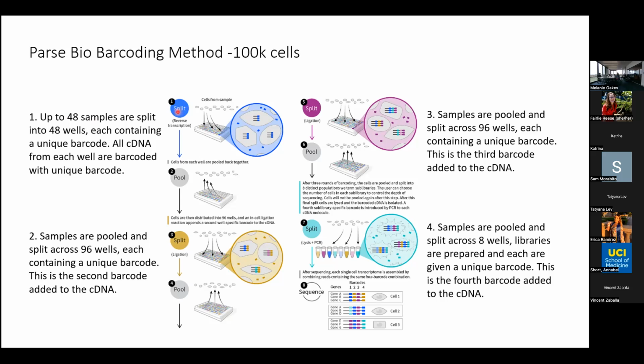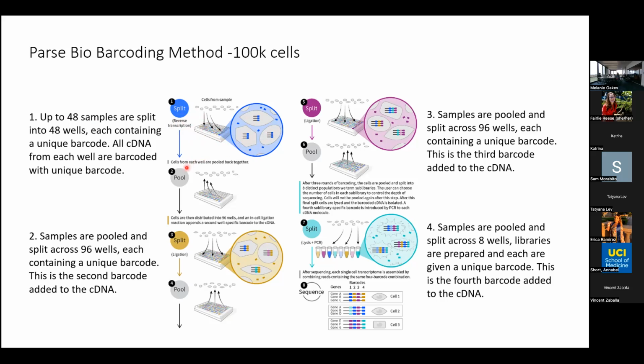We're into the split mode, okay? And we're going to pipette them into wells on this plate, which is supplied by Parse. And the first step is actually a reverse transcription. And within those wells, it's going to add a barcode in this reverse transcription reaction.